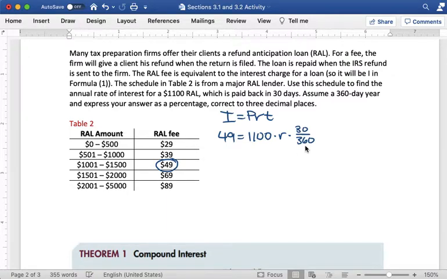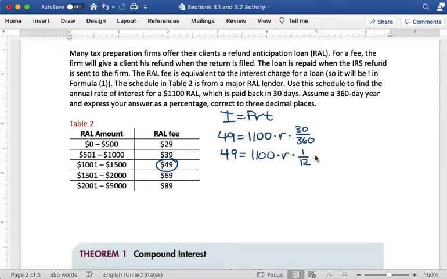So again, we get that nice simplifying that happens when we use the 360 instead of 365. So I can simplify that here. That is 1/12. And now we're solving for R.